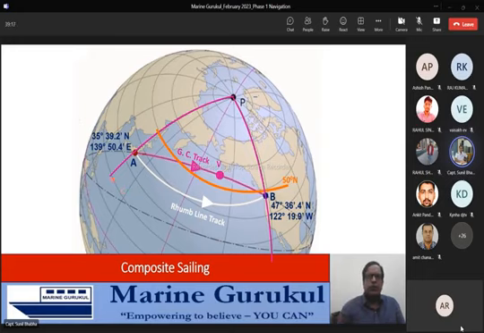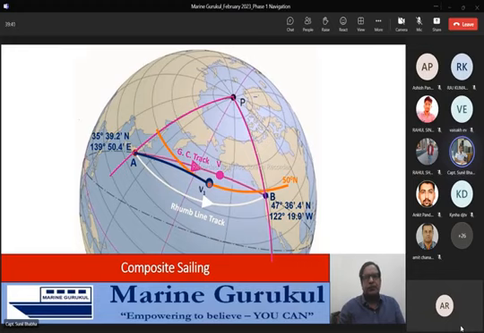The vessel figures out a GC track whose features include: one, it passes through departure position A; two, it has its vertex on the limiting latitude. So here is the GC track passing through A with its vertex being here on the limiting latitude.